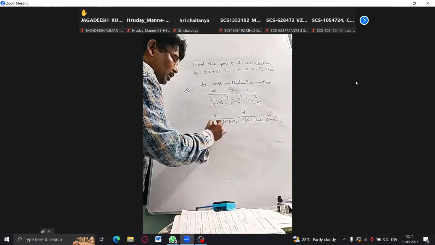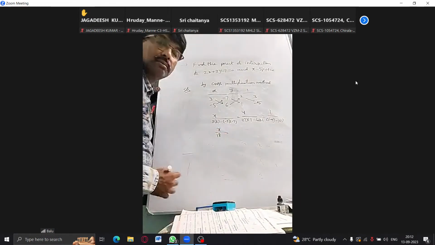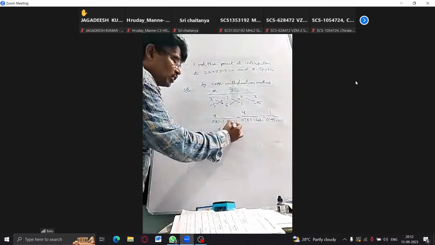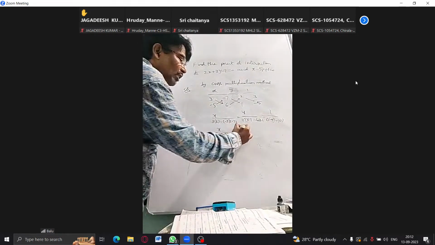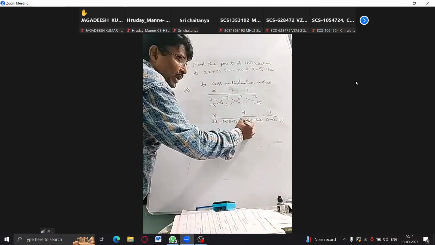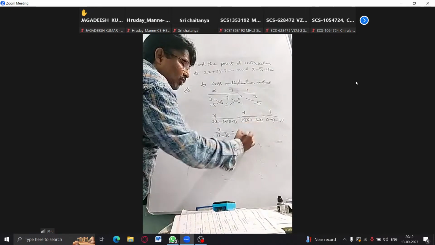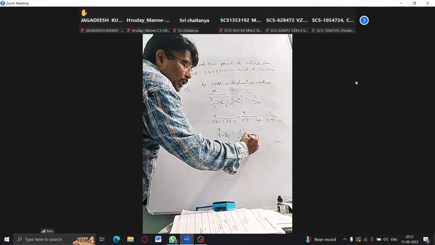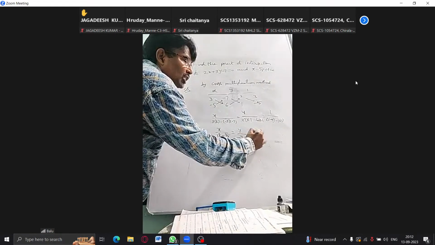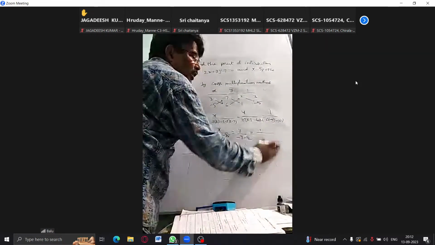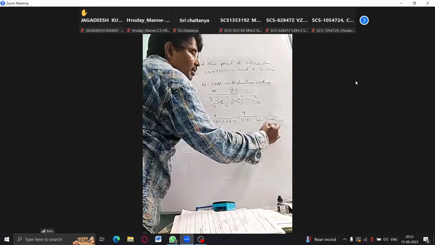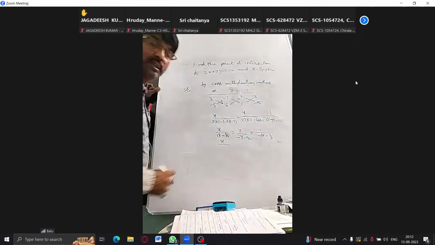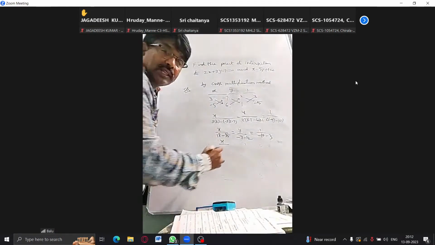x by 6 into 3, 18, minus of minus plus, plus into minus, minus 5 into 7, 35, is equal to y by minus 7 into 1, minus 7, plus into minus, minus 6 into 2, minus 12, is equal to 1 by 2 into minus 5, minus 10, minus 3 into 1, minus 3. x by 18 minus 35, minus 17.